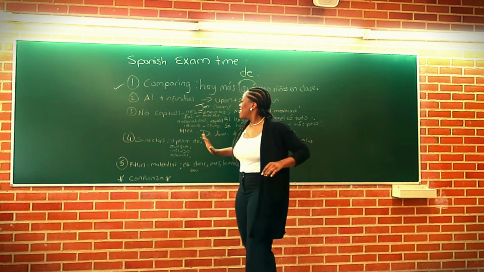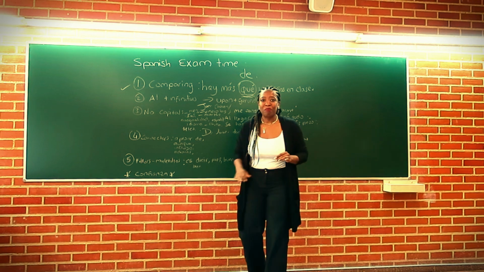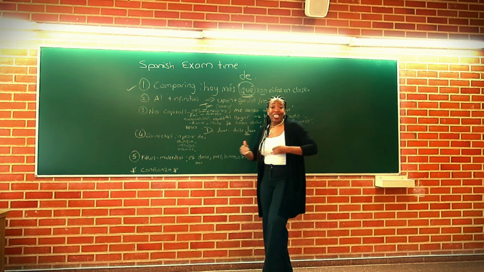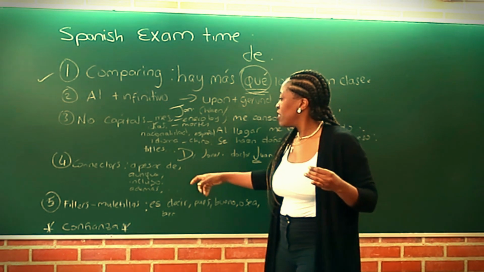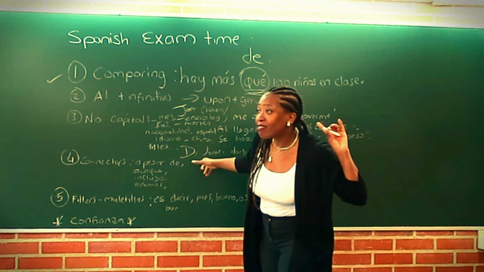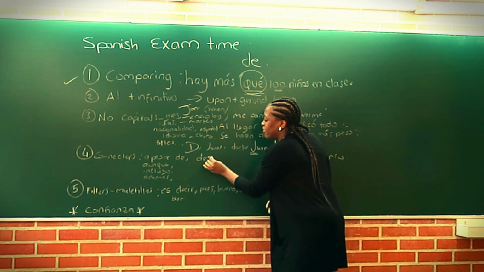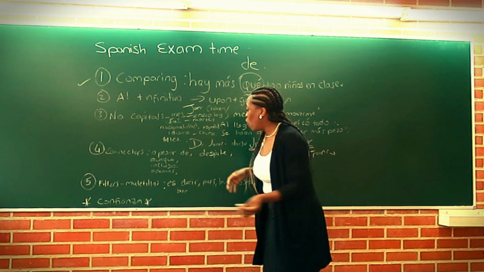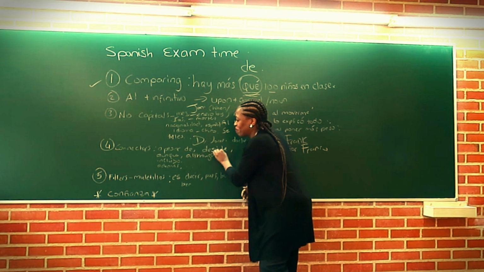Okay, right. Next one. Make sure that you know your connectors. Look at the board. Do you know all of these? Can you elongate this list? Can you make it richer? A pesar de? What does it mean? That's right, despite. Aunque, although, fantastic, you are on fire.